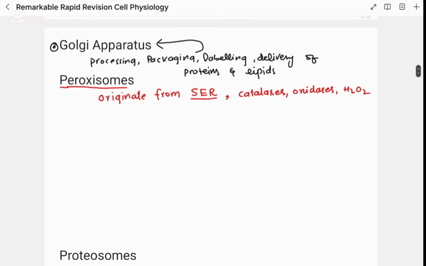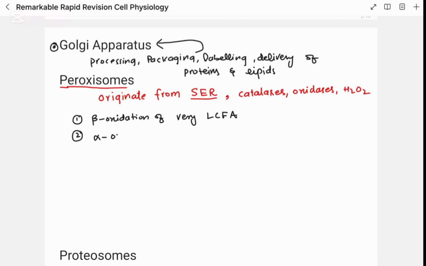So talking about the functions of the peroxisome. First function, beta oxidation of very long chain fatty acids. It is strictly the function of peroxisome.